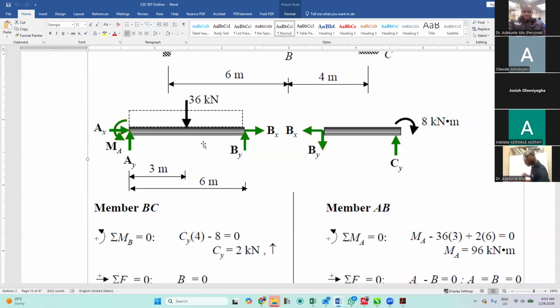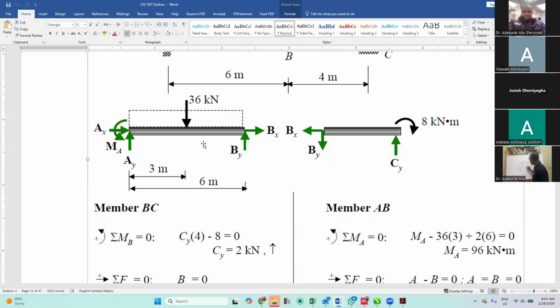And the one coming here is AX. And then because it's fixed, there is a moment moving like this. Now, I explained also that because this place is pinned, we must have two reactions or none there.